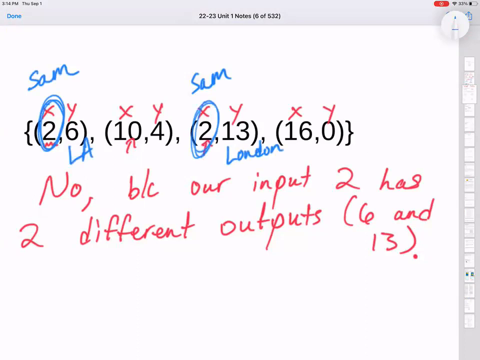Well, Sam can't do that. Physically, he is unable to do that. And so as a result, that would not be a function. You can have different people ending up at the same spot, but you can't have the same person ending up in two different places. That can't physically happen. Hopefully that people and places analogy helps distinguish whether it is a function or not. Just think about people and places.